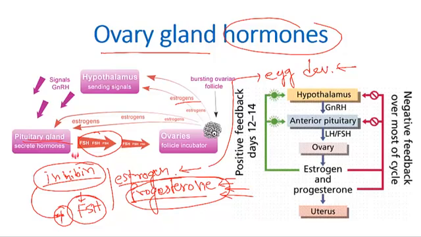The presence of estrogen and progesterone is very important because based on their concentration, the female body is modified for different types of changes that are required during pregnancy.